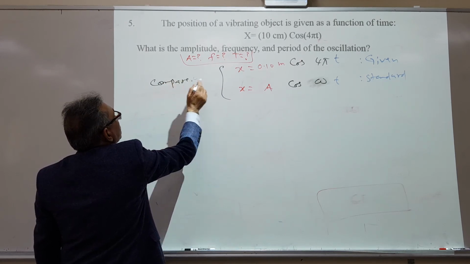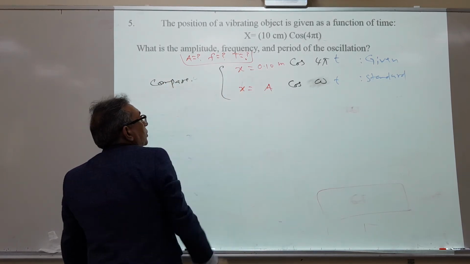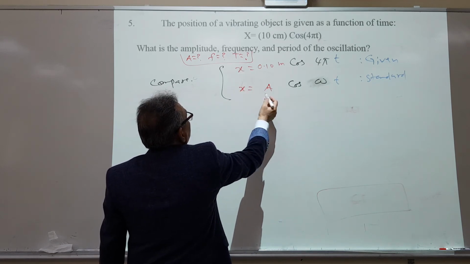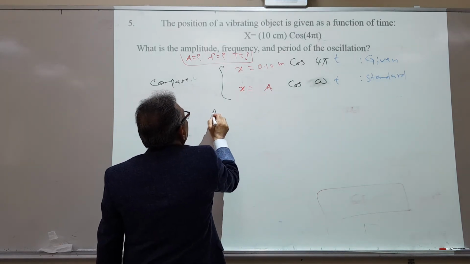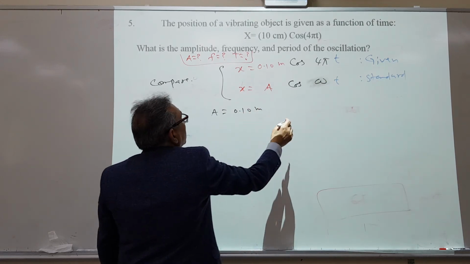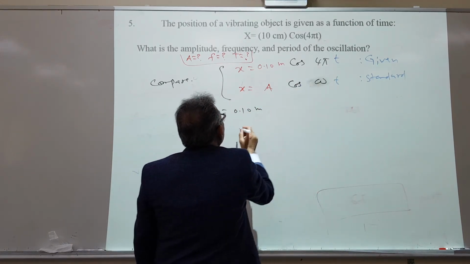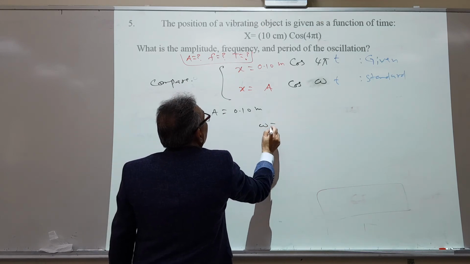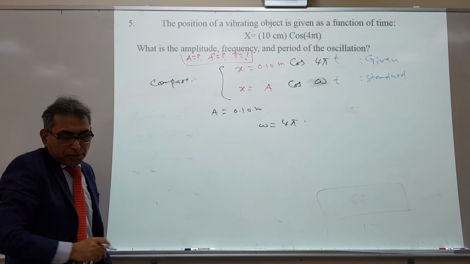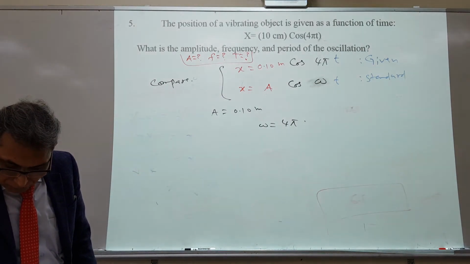One is given to you, one is the standard wave function for position. So A is equal to 0.10 meter. Done. Omega is equal to 4 pi.